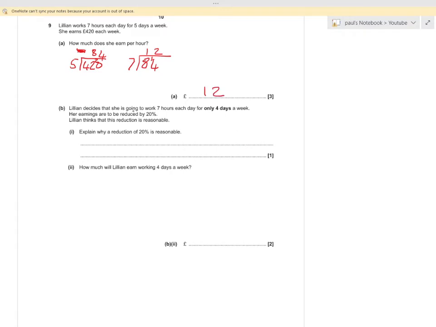Now Lillian decides she's going to work 7 hours each day for only 4 days a week. Her earnings are to be reduced by 20%. Lillian thinks that is reasonable. Well, 20% is the same as 1/5. So it's 1/5 fewer days.